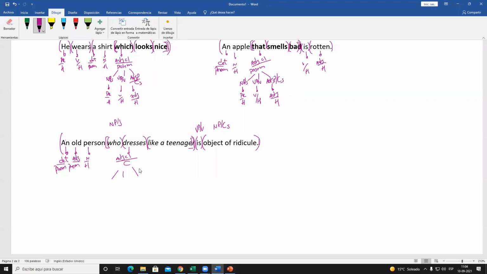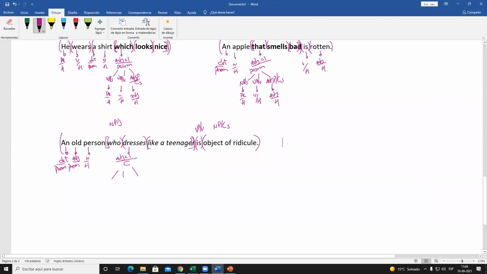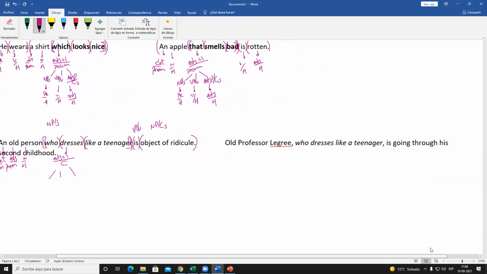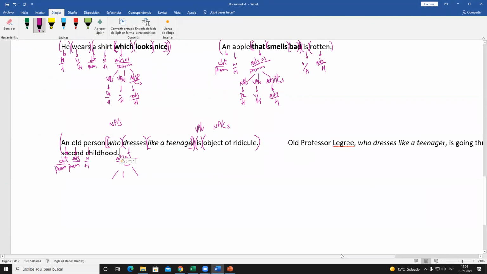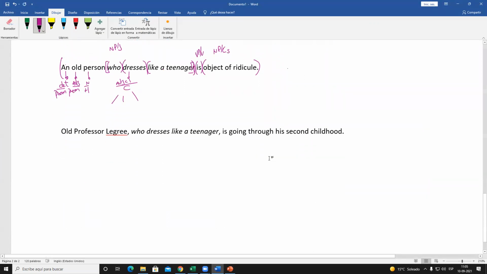I'm going to try to contrast it with the second example. Old Professor Legree, who dresses like a teenager, is going through his second childhood.